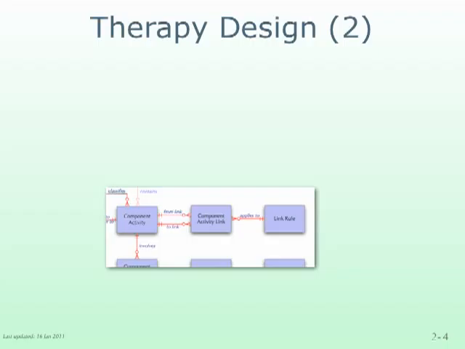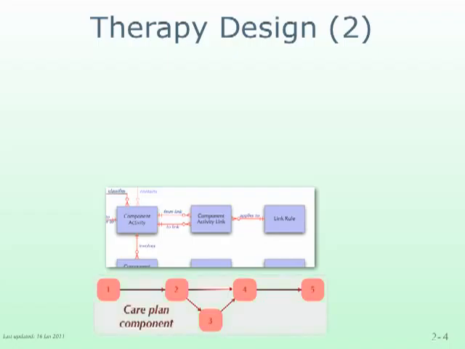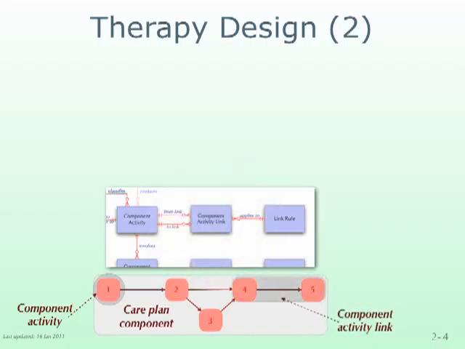To illustrate how this works, this diagram shows a simple care plan component, say a very simple therapy program, as consisting of 5 activities, represented by 5 component activity data objects, and 5 links, represented by 5 component activity link data objects.